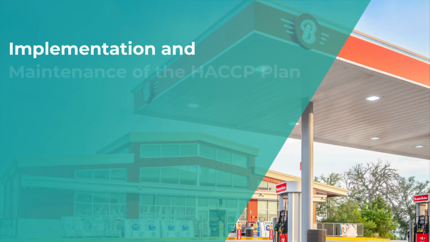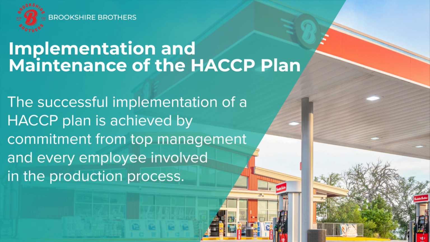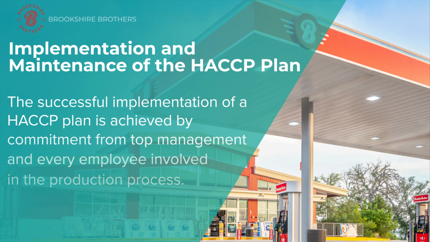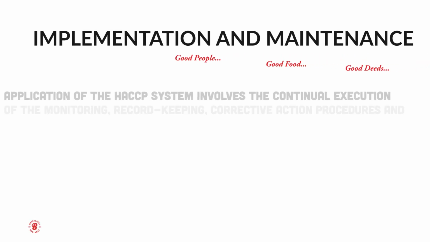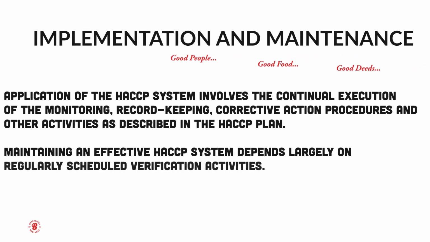The successful implementation of a HACCP plan is achieved by commitment from top management and every employee involved with the production process. Application of the HACCP system involves the continual execution of the monitoring, record-keeping, corrective action procedures, and other activities as described in the HACCP plan.